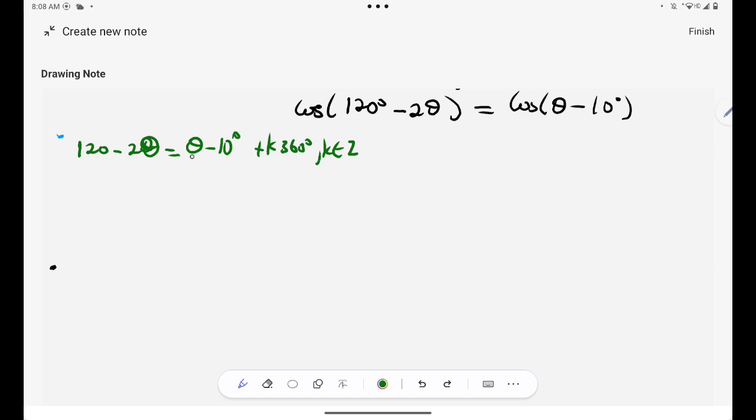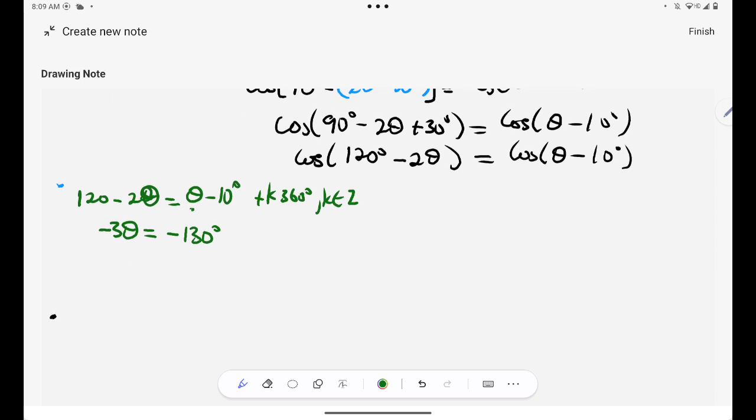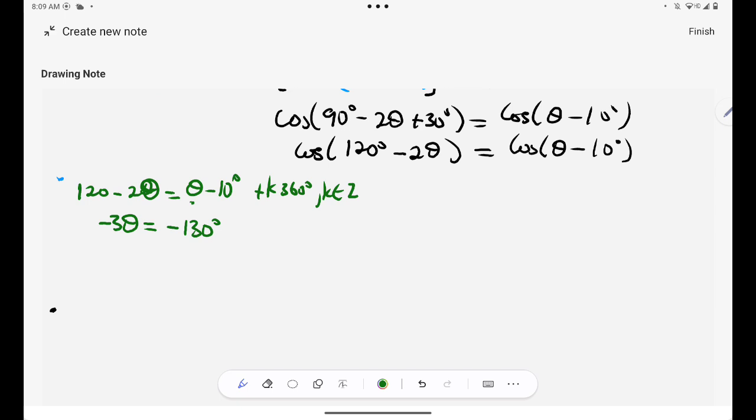When I take the positive theta to the other side, it will be a negative, ne? Then I will have negative 3 theta ngapha. Then the 120, when it goes to the other side, it will be negative as well. I will have a negative 130 degrees. Okay, this is plus k 360, where k is an integer.